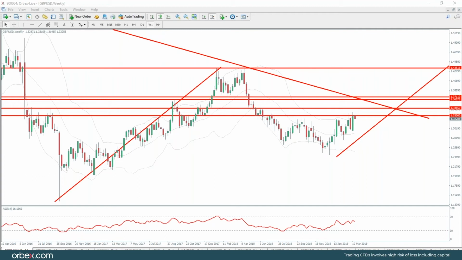So if we do see the EU granting an extension to Article 50, then we could quite quickly see sterling breaking out above that 133 level.